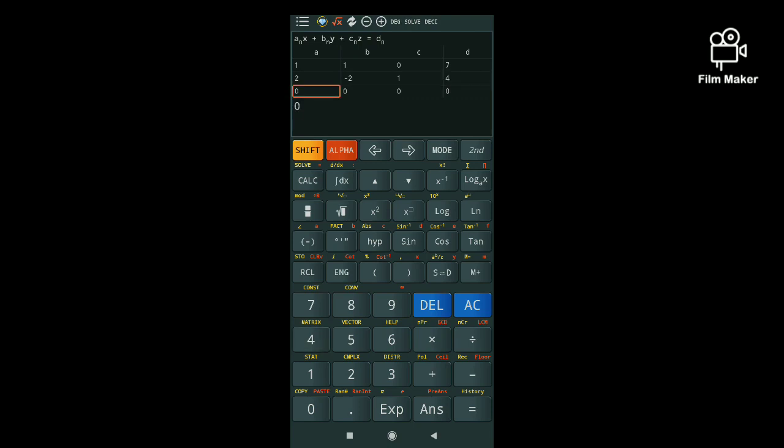With that you can obtain the answers for the first variable a, the second variable b and the third variable c, as shown in the video. So you will obtain a is 4, b is 3 and c is 2. Hopefully you understood.